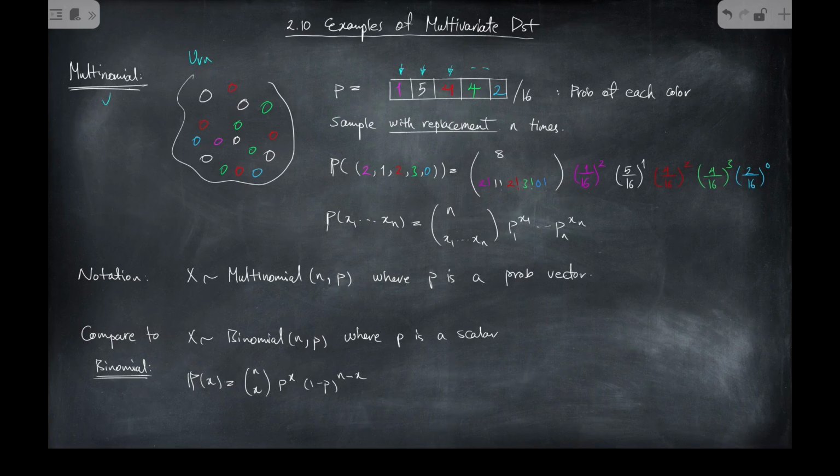And you have 16 of them. So the probability of taking out each color is the number of that color divided by 16. That's my probability vector for each color. For pink, for example, the probability is 1 over 16. And for blue, it is 2 over 16, and so forth.